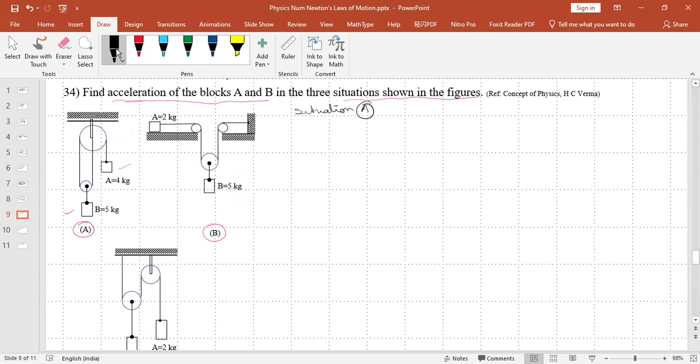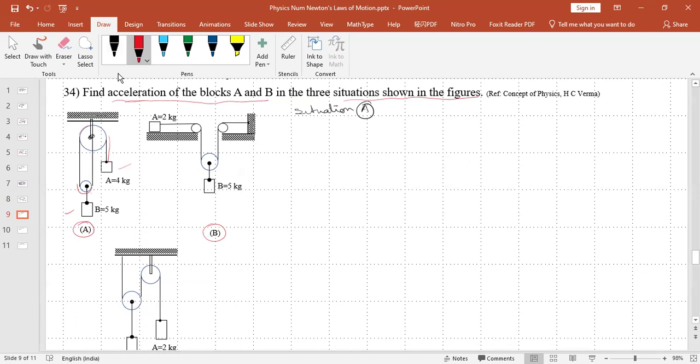Now, in situation A, you find the rope is fixed here, which comes down, goes over this lower pulley, and then to the upper pulley, and then here. If you look at this arrangement, you will always find a very important thing that you will need in your future life.